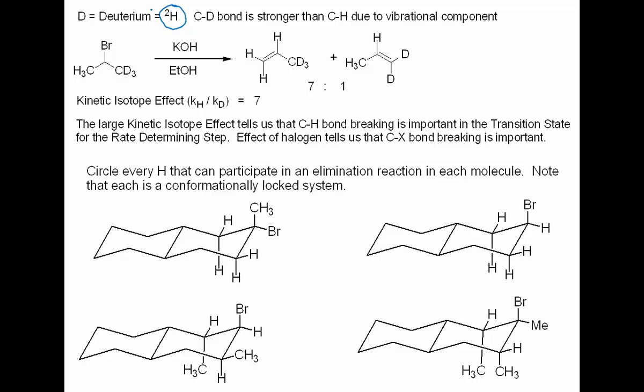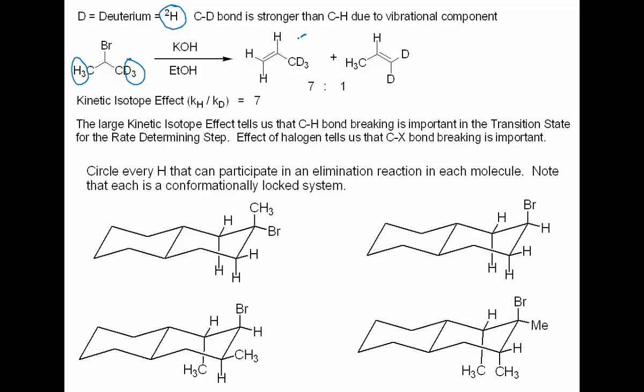All right, so when you take the compound that you see here that has a deuterium on one side and a hydrogen on the other, and you just treat it with standard E2 conditions, you get a 7-to-1 ratio favoring the compound that has all of the deuterium intact.